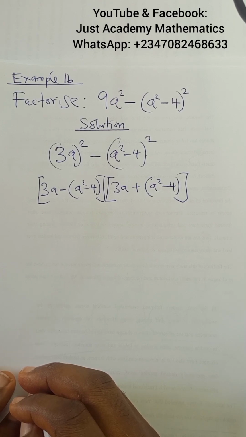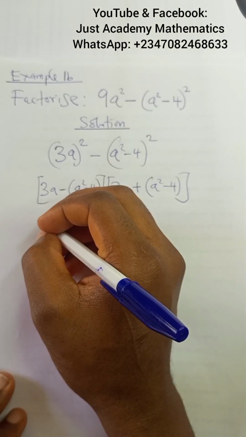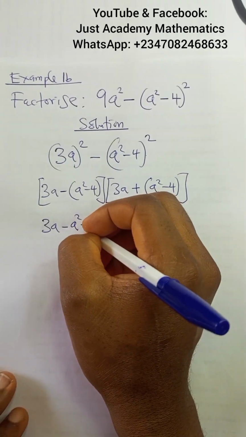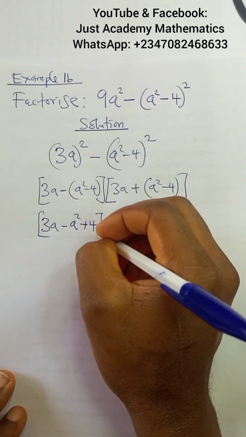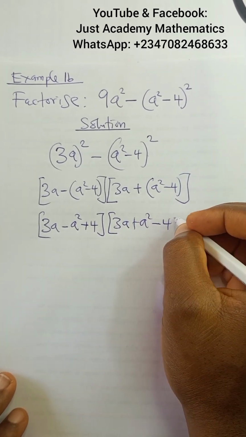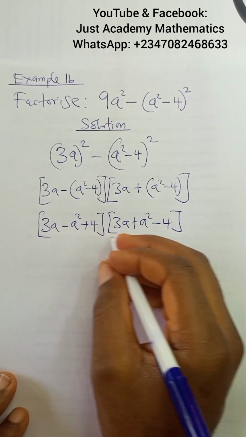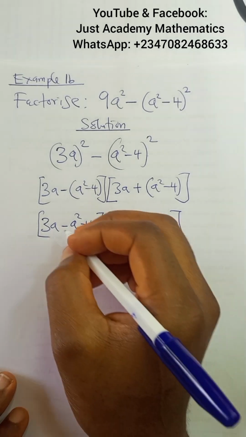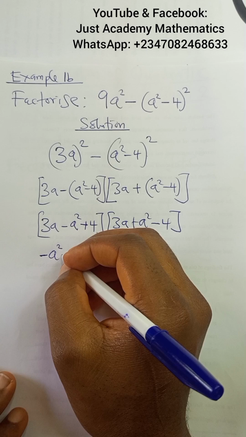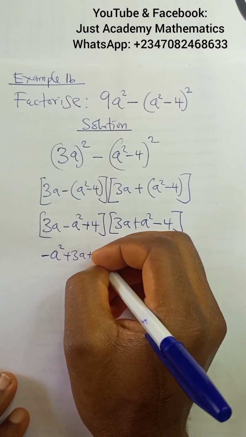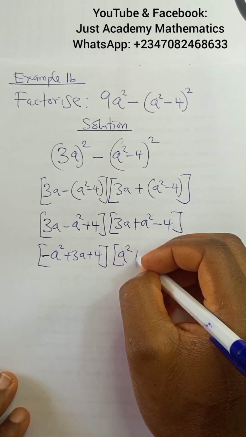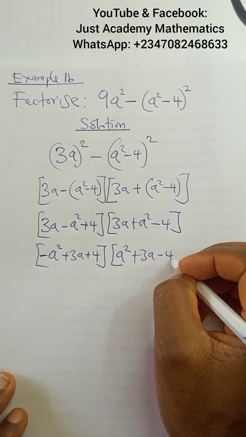So we can actually open the bracket there. We have that 3A minus A square plus 4 bracket 3A plus A square minus 4. If we rewrite this now, this one means minus A square plus 3A plus 4 and A square plus 3A minus 4.